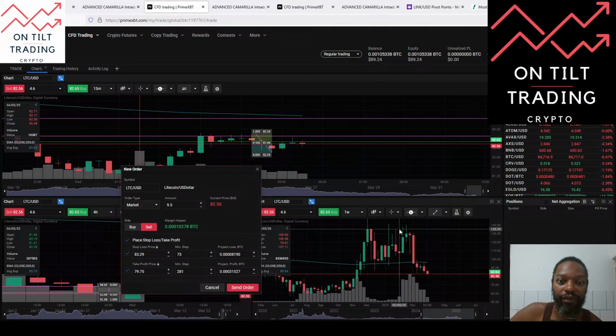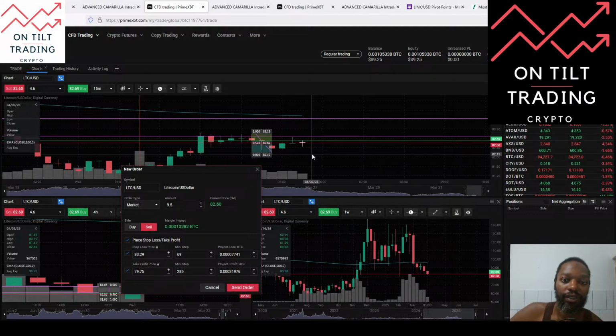I want to take profits before the break, or the potential break, gets reached. I would expect some rejection, even if it did breach this level. This level is closer, but I'm not so concerned about it. I think I would rather hold for this level here. And as you can see, price action here has sold off a bit.